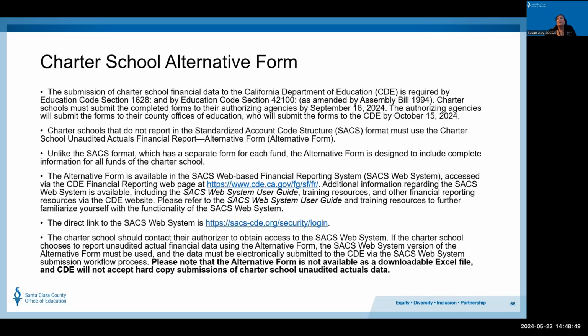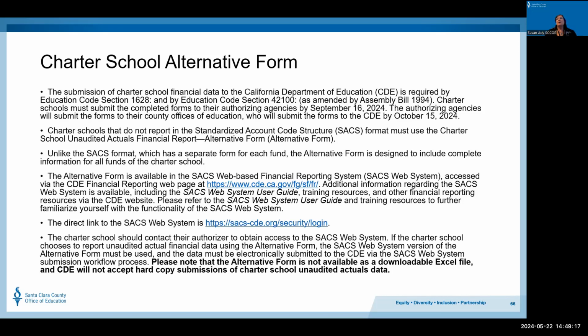And then for charter schools, I don't know if we have any charter school people with us right now, but this is not new. Starting last year for the unaudited actuals, the charter schools needed to report their unaudited actuals in the SACS web system. You can use either the standardized form or the charter school alternative form, and both are available in the SACS web system.